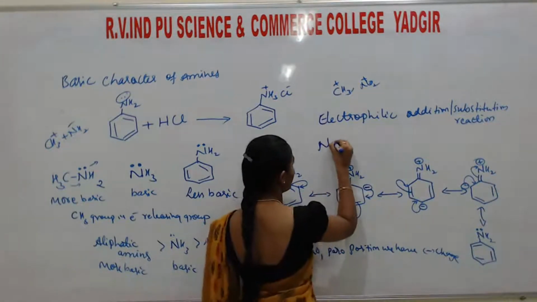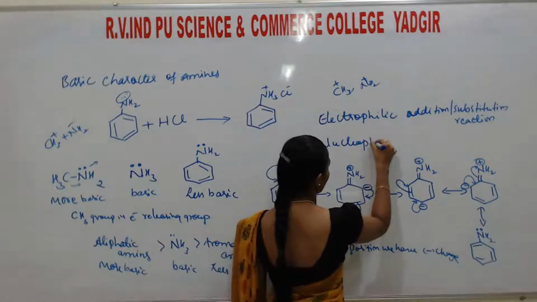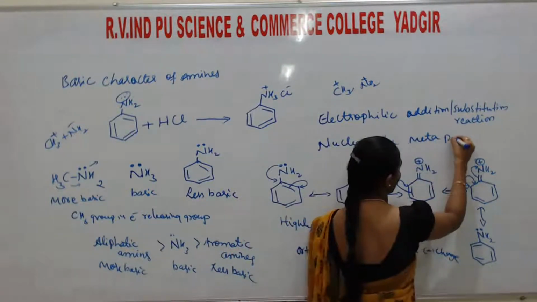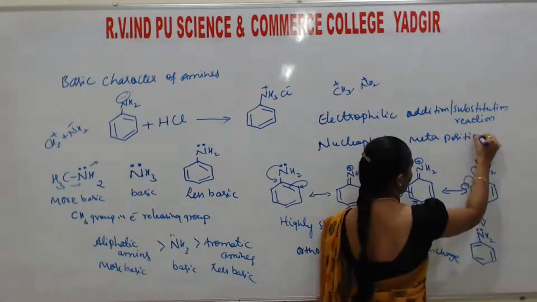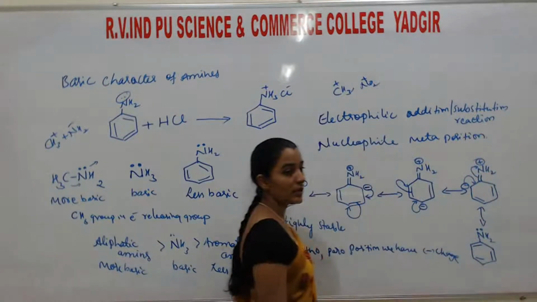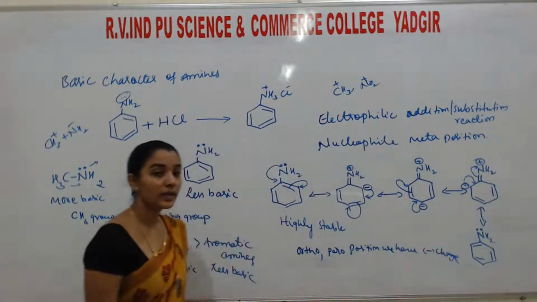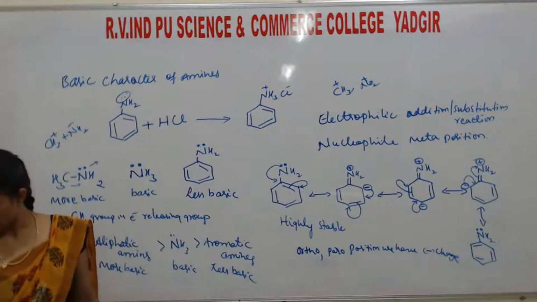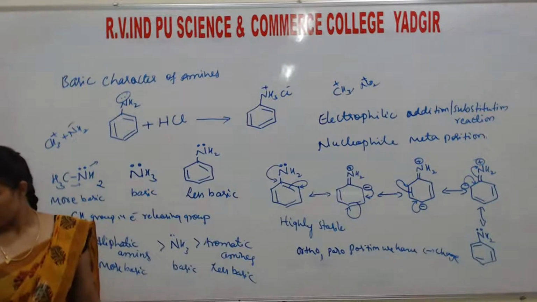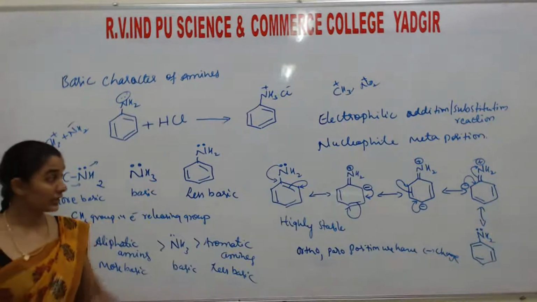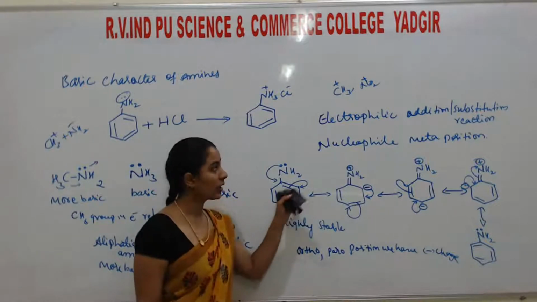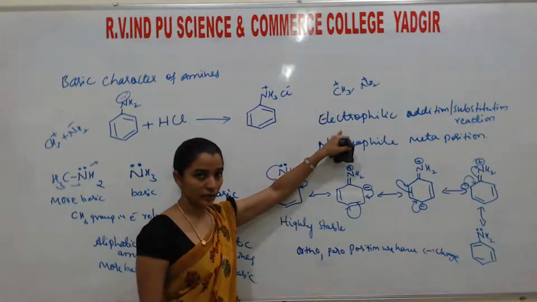So if nucleophiles are there, those nucleophiles occupy the meta position. So these amines show electrophilic substitution reaction, because here hydrogen will be there, and that hydrogen is replaced by the electrophile.